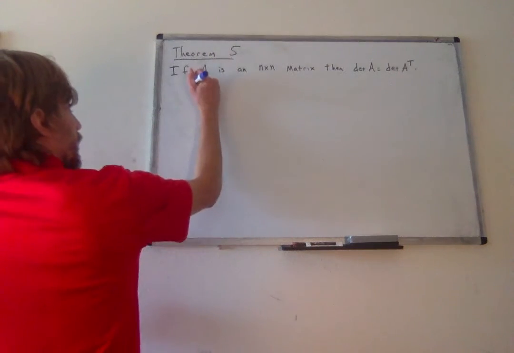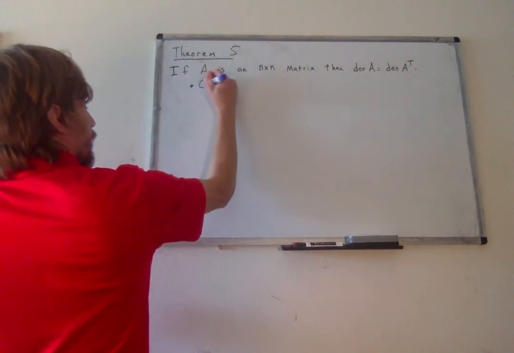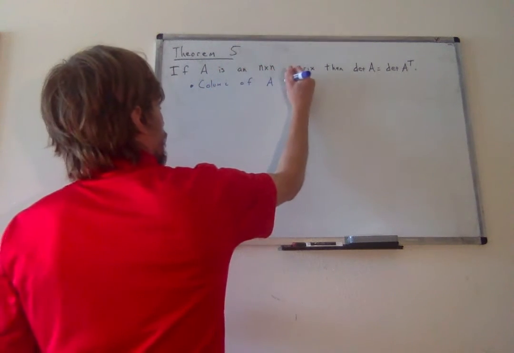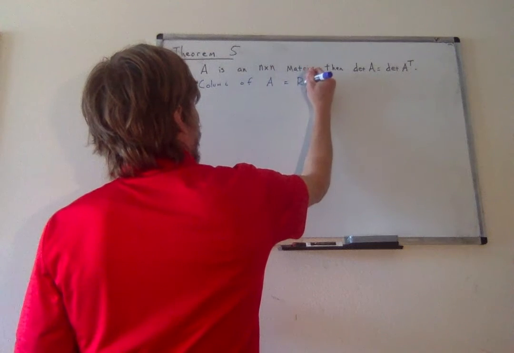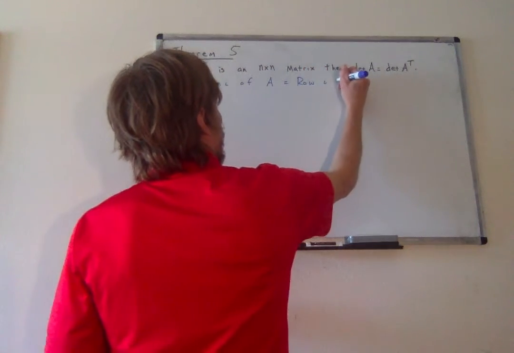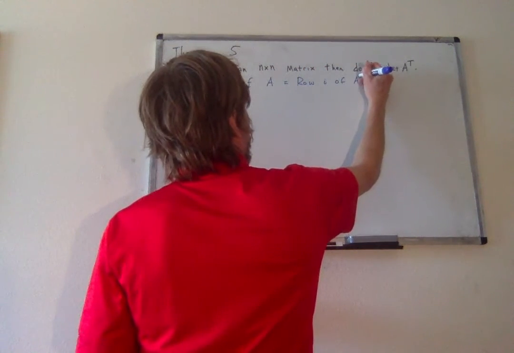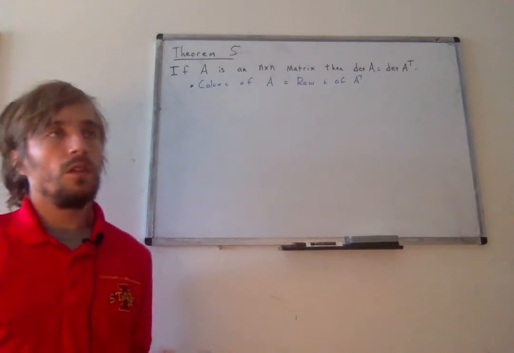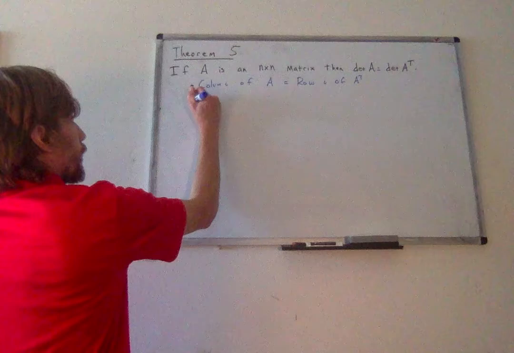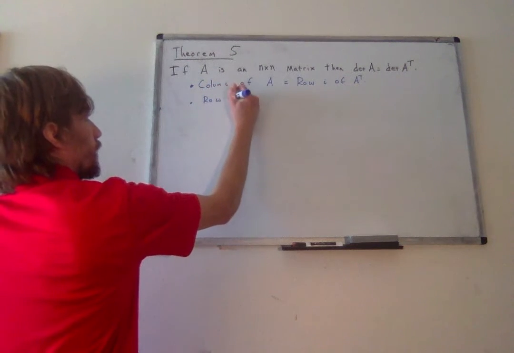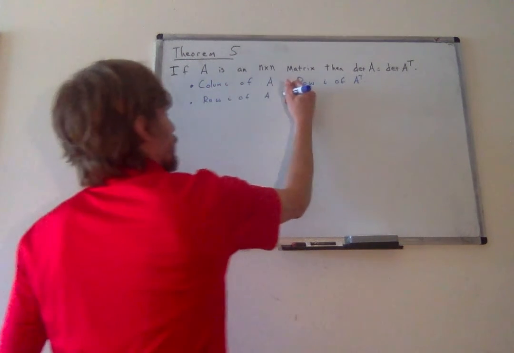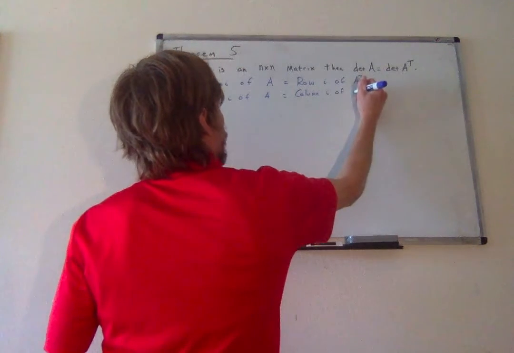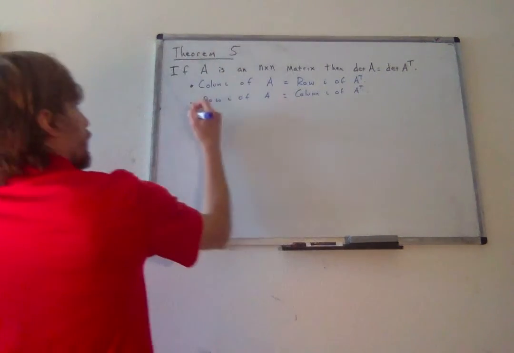But to see this, notice that column i of A is equal to row i of A transpose, right? And this is true for every column and row. And then on top of that, row i of A is equal to column i of A transpose.